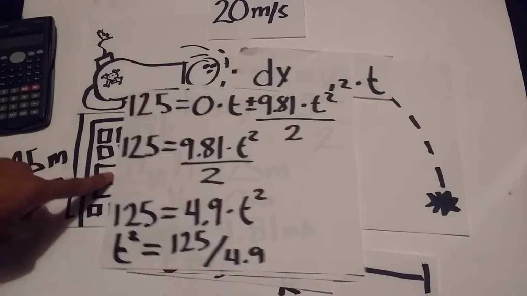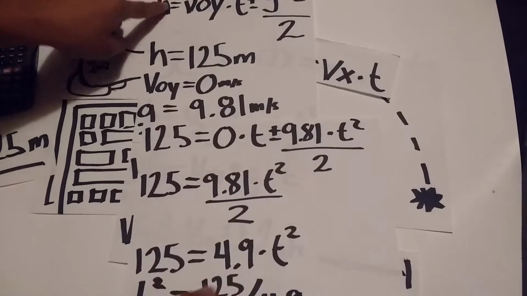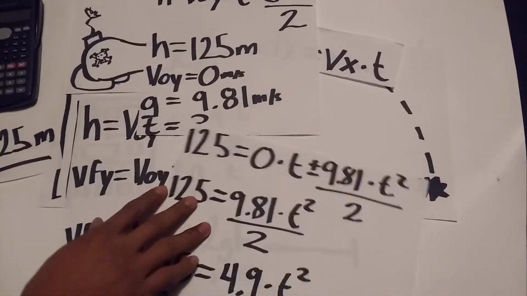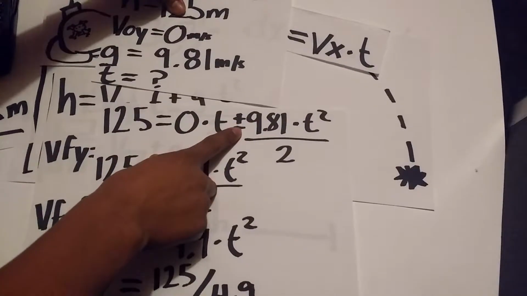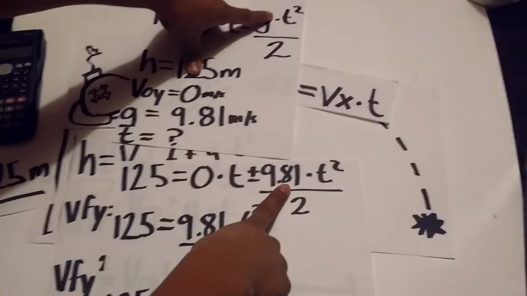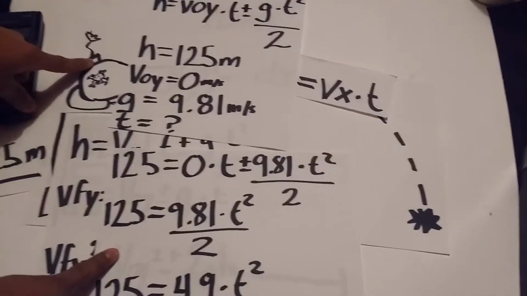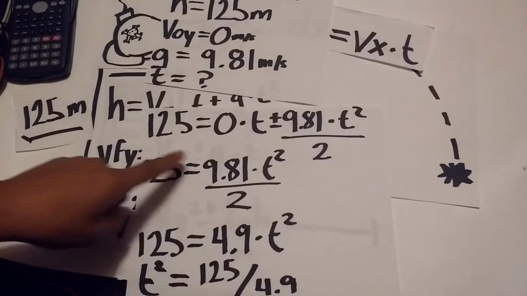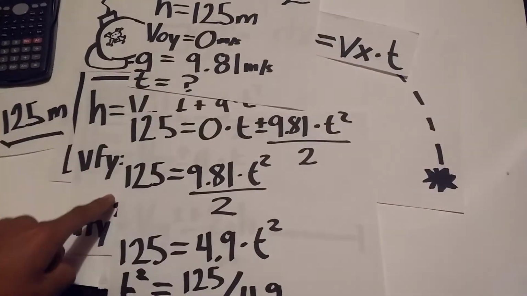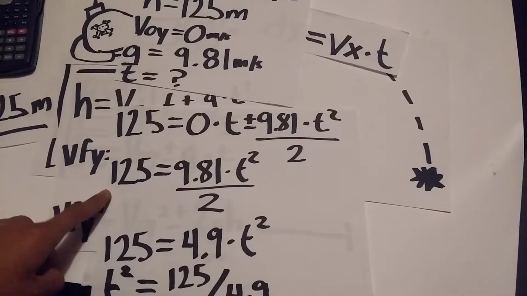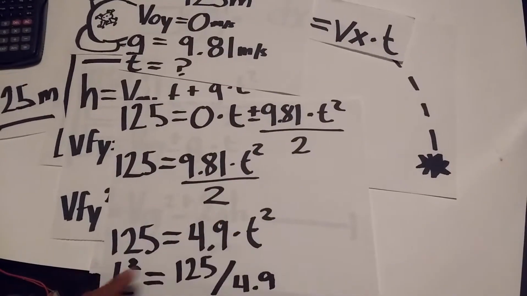So here I'm going to replace the numbers. First is height: 125 is equal to the initial velocity 0 times the time, which we don't have, plus minus gravity 9.81 times the time squared, which we don't have either, divided by 2. 0 times the time is 0, so we cancel this, and we have only this: 125 is equal to 9.81 times the time squared divided by 2.